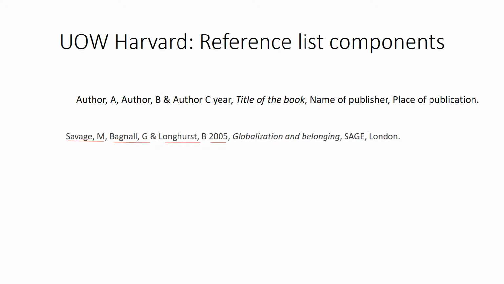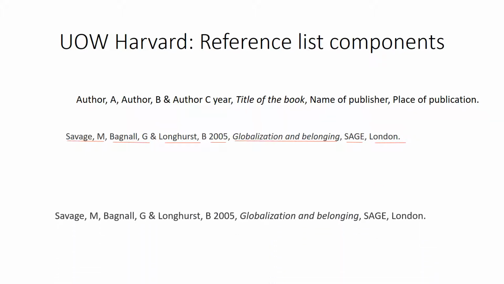The year the book is published and the title of the book in italics, and only the first letter is capitalised. The name of the publisher and where the book was published. So yours would look as is now at the bottom of the screen, because you wouldn't be doing the underlining that I've just used to indicate the various sections of the reference list entry.